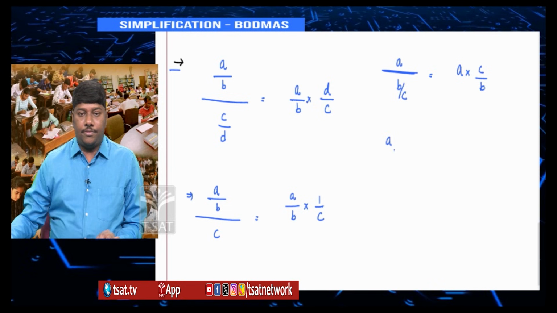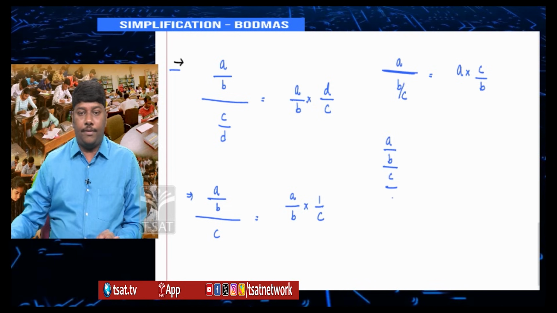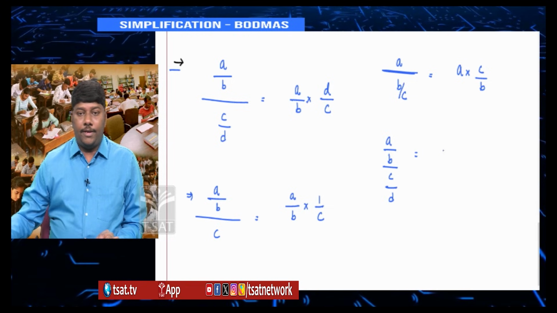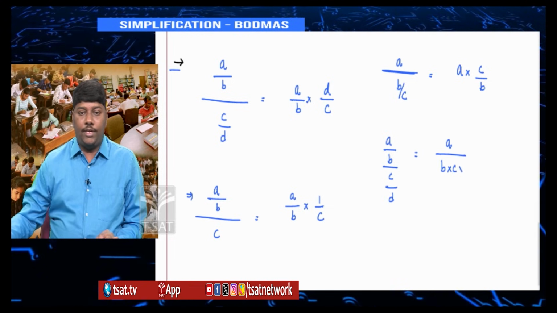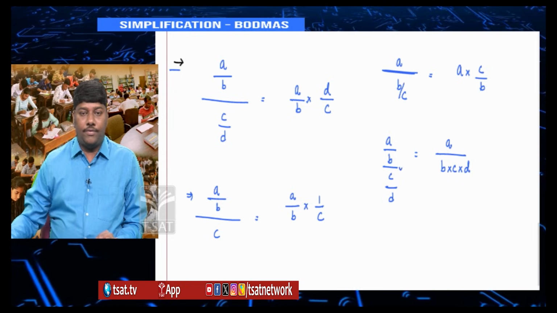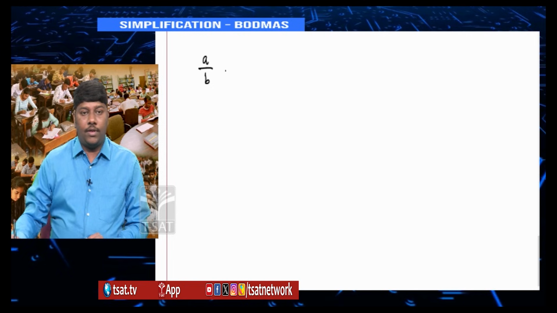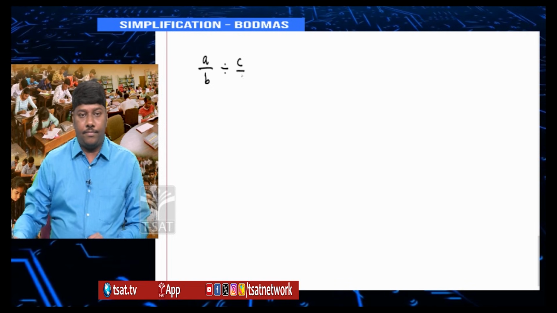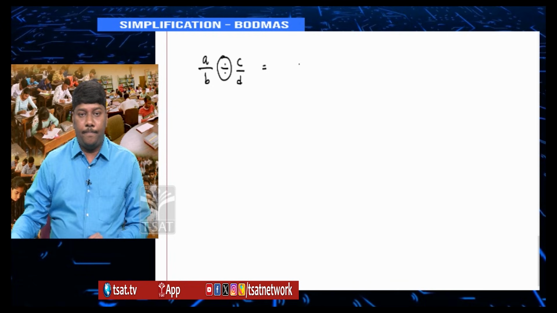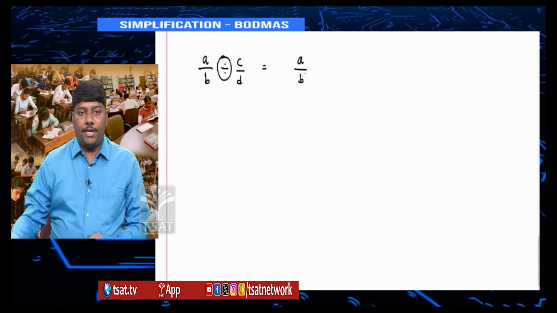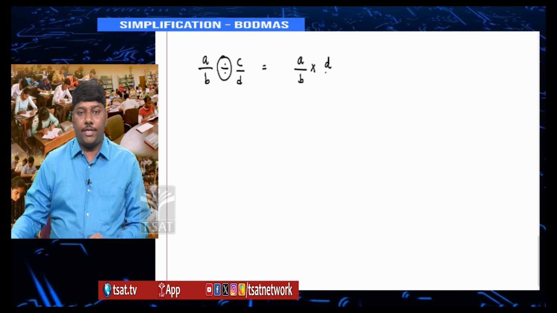With equal length of these division symbols, you have A divided by B divided by C divided by D. So you simply take A divided by B into C into D. When you have equal length of these division symbols, they may give you A by B divided by C by D. All you have to do, in order to take out this division symbol and put multiplication, is reciprocate the fraction.